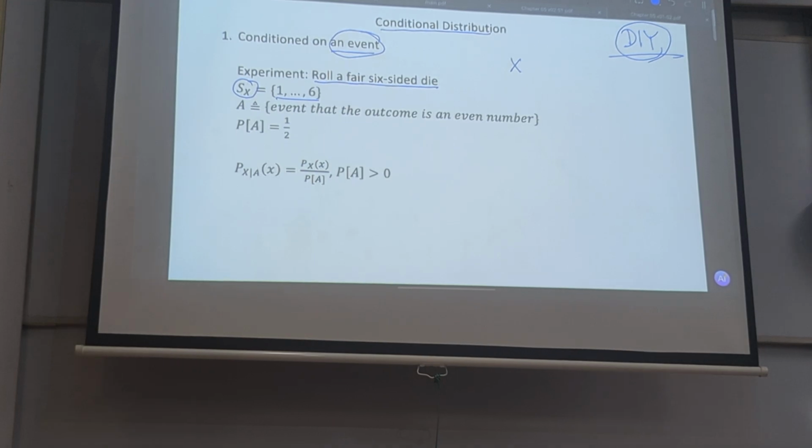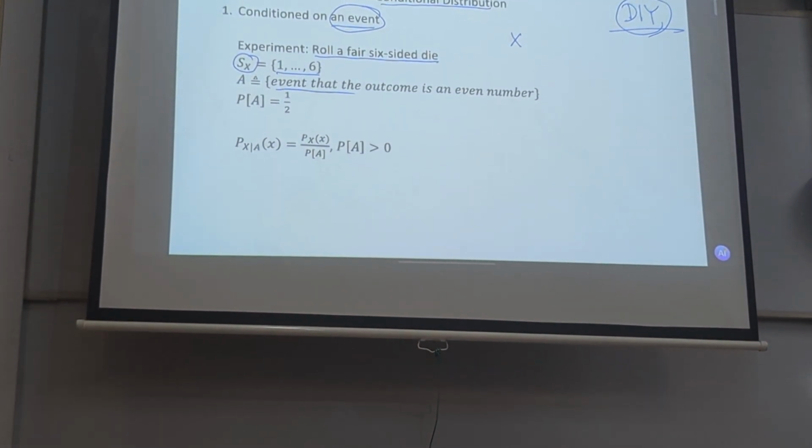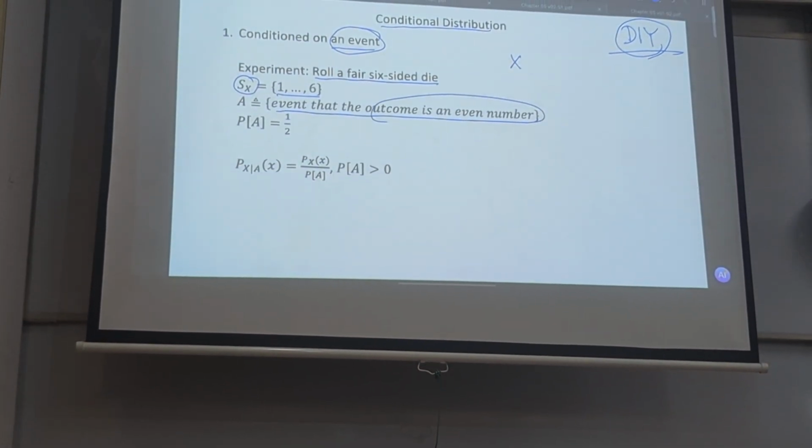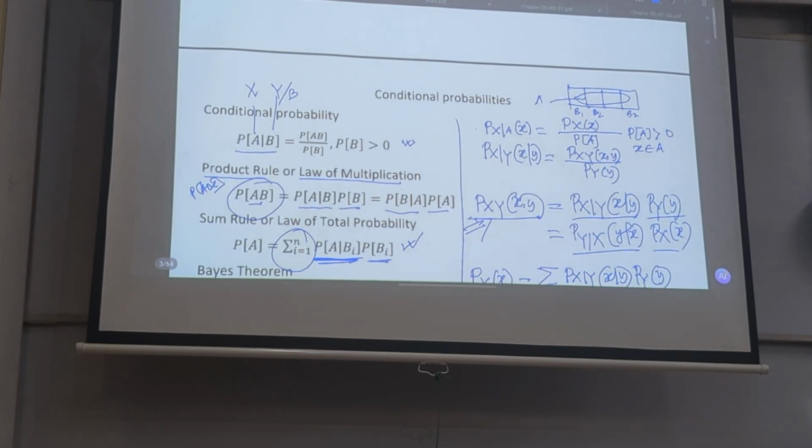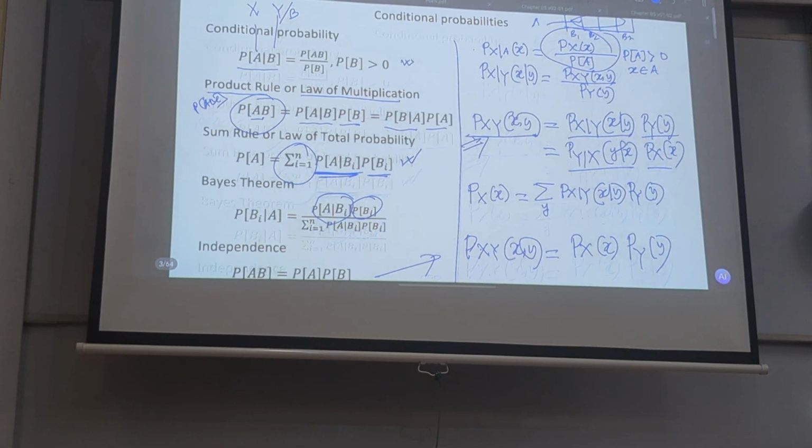We will consider an event A: the outcome is an even number. So what are the possible values in the set A? And the probability of A is following this formula that we have written here.